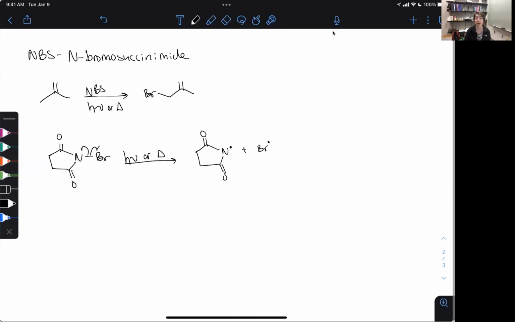Okay, so we can make a nitrogen radical and a bromine radical. This nitrogen radical is pretty stable. It is pretty nicely resonance delocalized. You can imagine this kind of situation. It's kind of the radical version of the regular amide resonance structure. So we have our bromine radicals created from that.